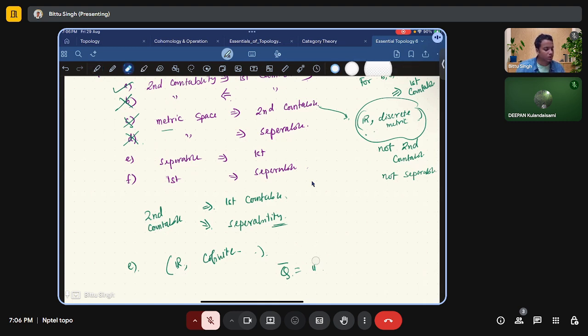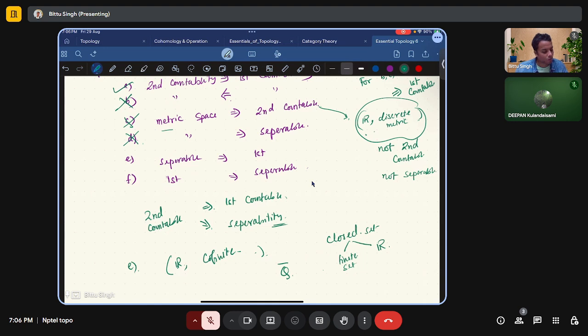Why? Because in the cofinite topology, there are only two possibilities for closed sets: the finite sets are closed, or the whole set R.